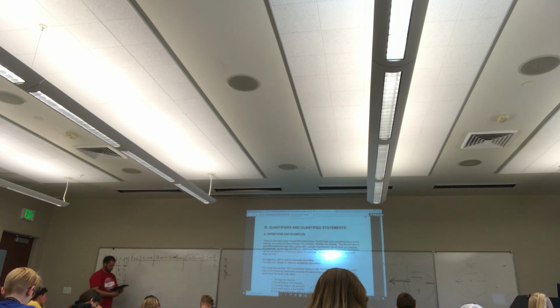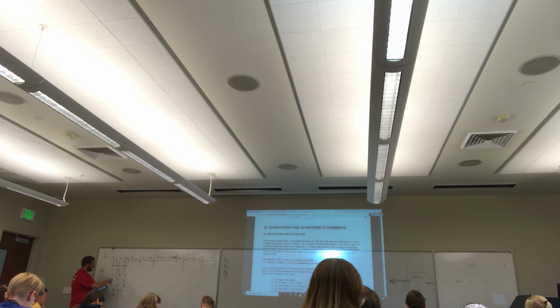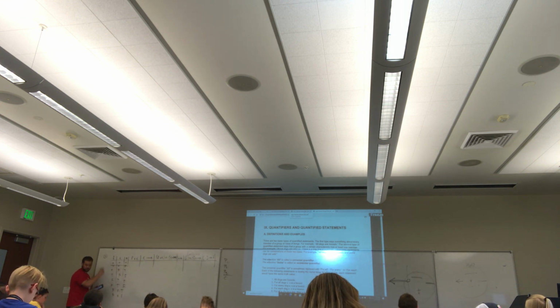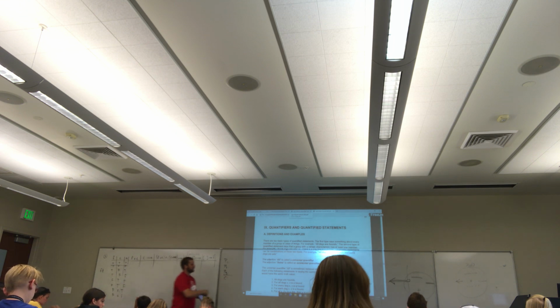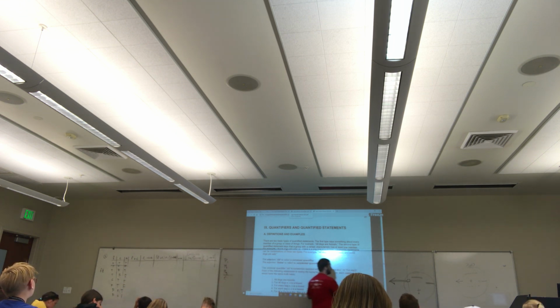Okay, so the next one, you're going to want to do the same thing here for your first three statements, okay? But here's what your next one can start out like.